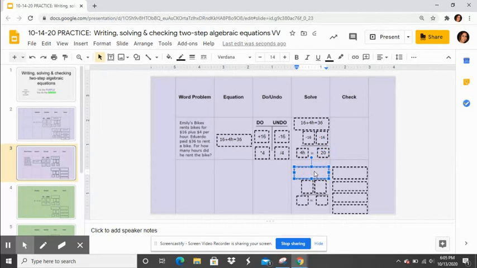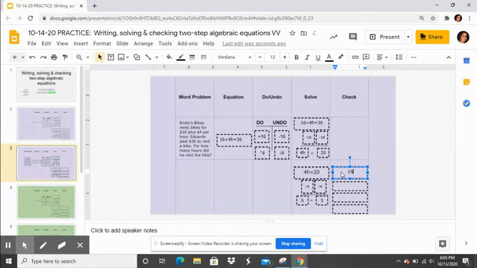So my new equation says 4h equals 20. And I'll perform my second undo, which is dividing by 4 on both sides. And h will equal 20 divided by 4 is 5.